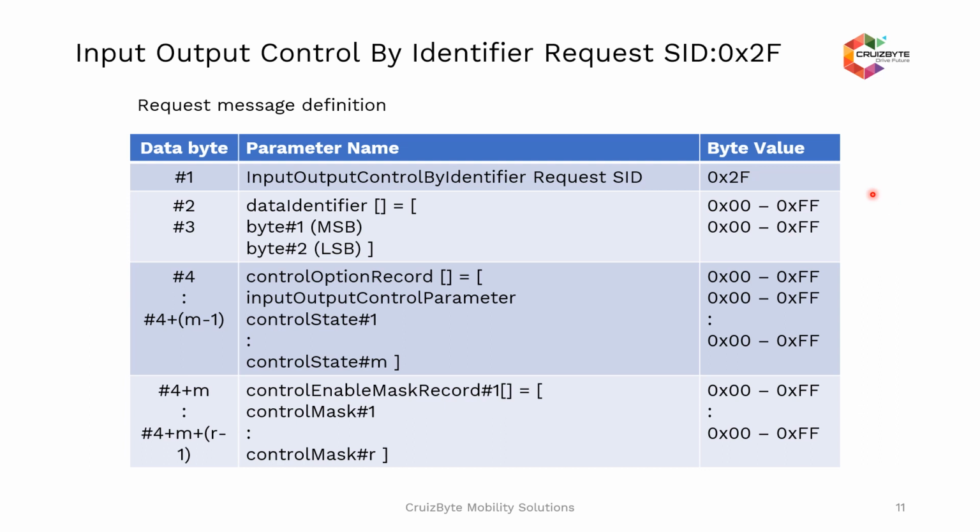So let us look at how the input output control by identifier request is formed. The SID value is 2F, and the data identifier is always 2 bytes.